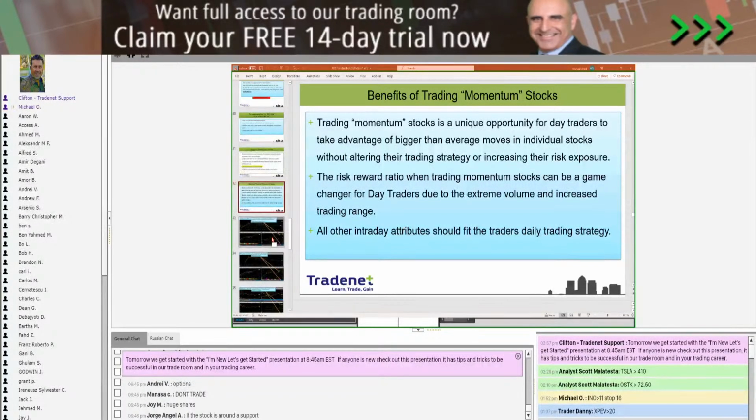A half a cent move of 100,000 shares, that's I think $500 or $5,000. I'm not sure. It's not very risky. The risk is very little because there's no movement. It's very hard to implement. Okay, but it's not very risky.